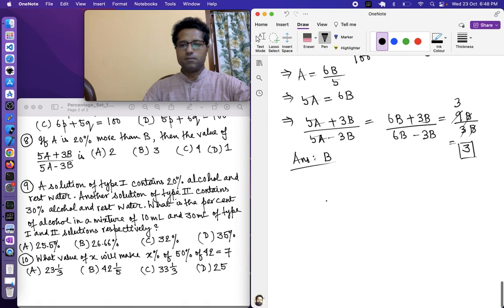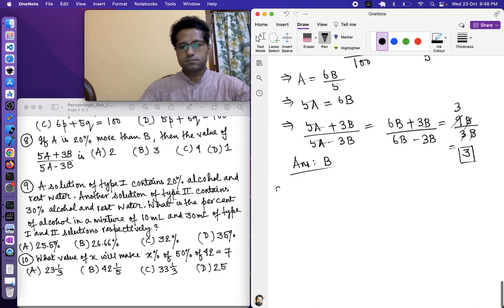Let's do problem number 9. A solution of type 1 contains 20% alcohol and rest water. So the solution is containing 20% alcohol and rest means 80% water. Another solution of type 2 contains 30% alcohol and rest water.